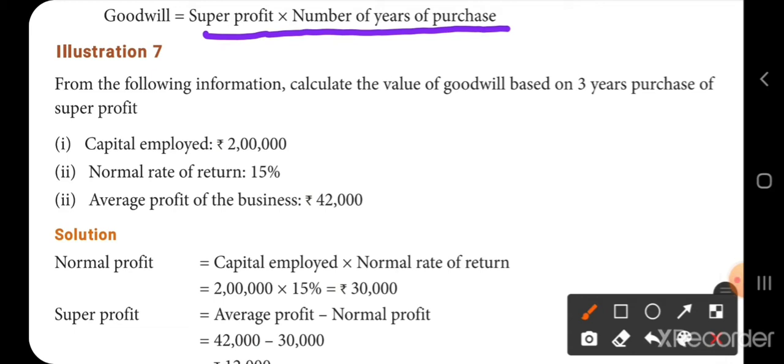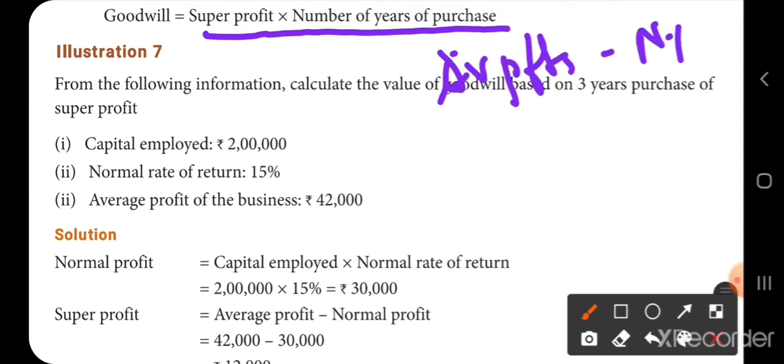Now super profits, what is the formula? Super profit is equal to average profits minus normal profits. Normal profit you don't know, and average profit is given in the problem as 42,000. Now you should calculate the normal profits.